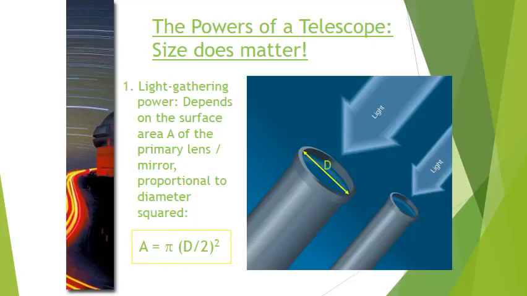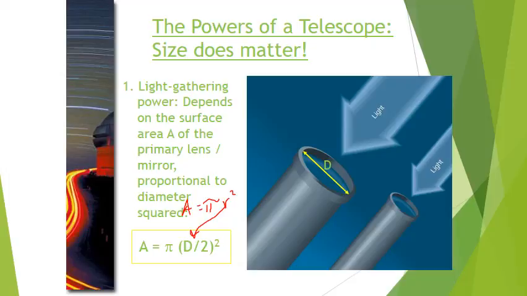In fact, it goes by the area of your lens. The area of a circle is pi r squared, where the radius is the diameter divided by 2.